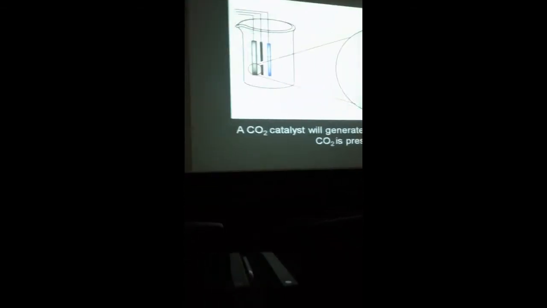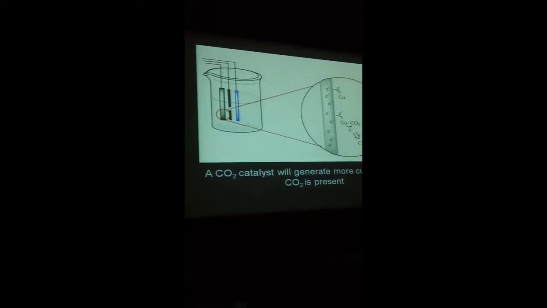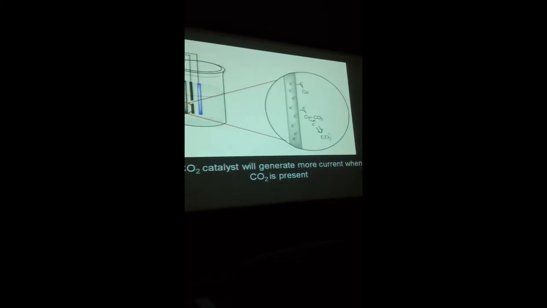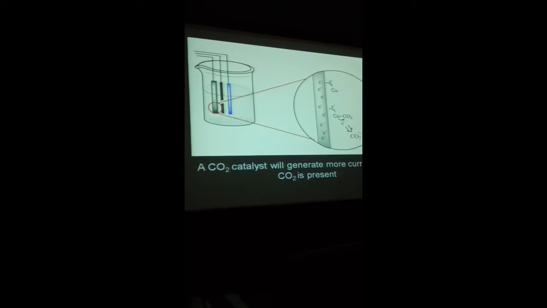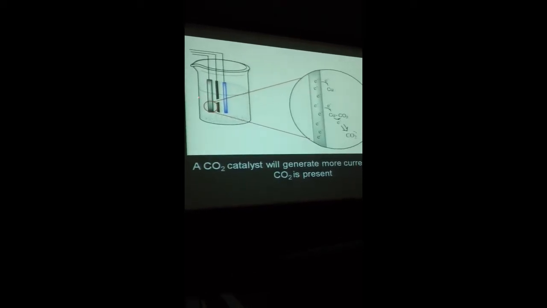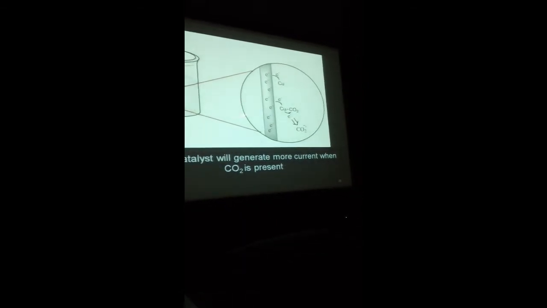So a carbon dioxide catalyst will generate more current when carbon dioxide is present. So if I have my copper DPK compound in a solution, so this would be a solution containing one of my compounds, and these are electrodes, and I'm running electricity through this. This is a close-up of an electrode.